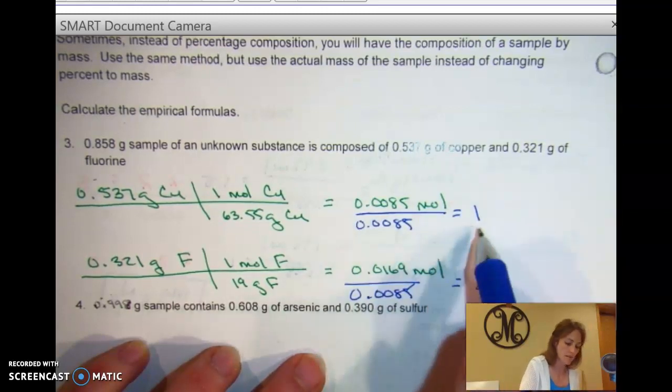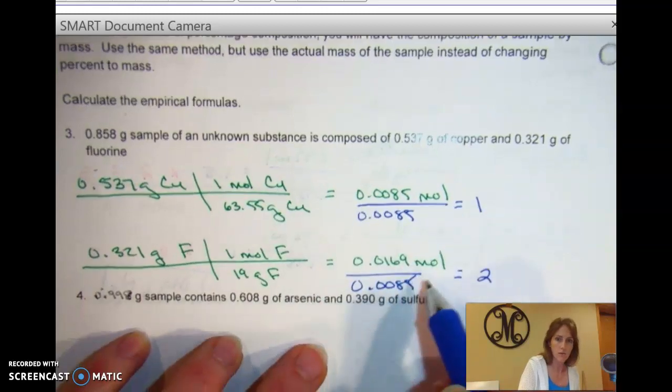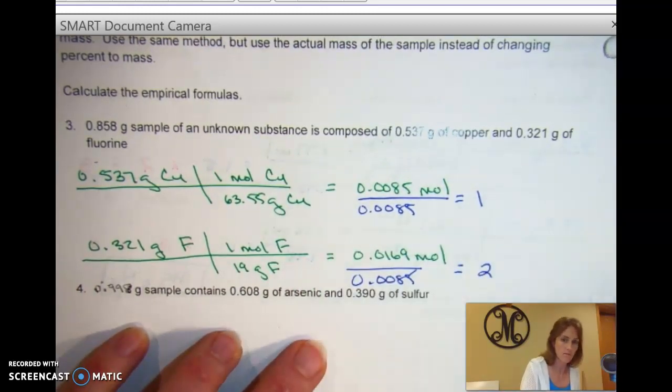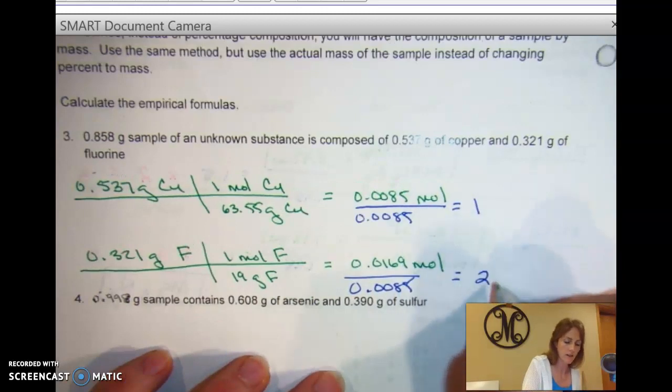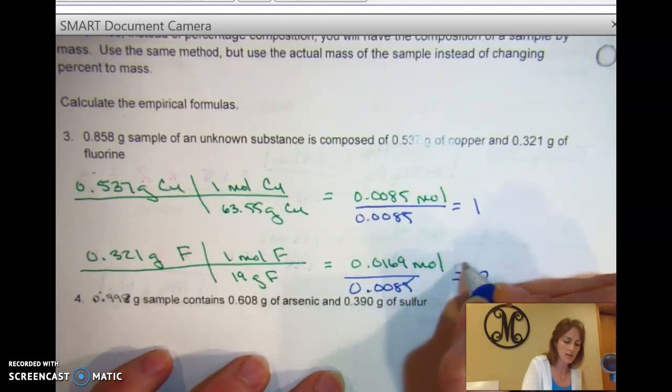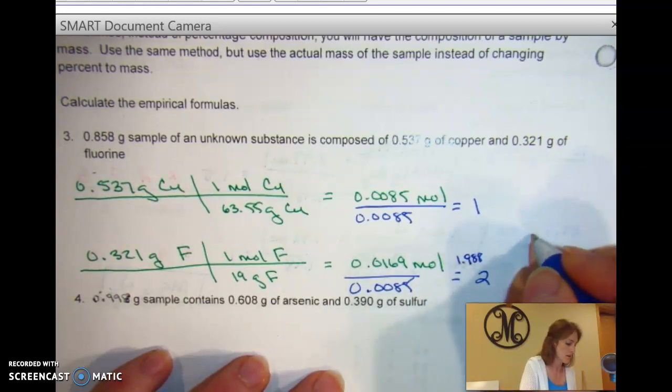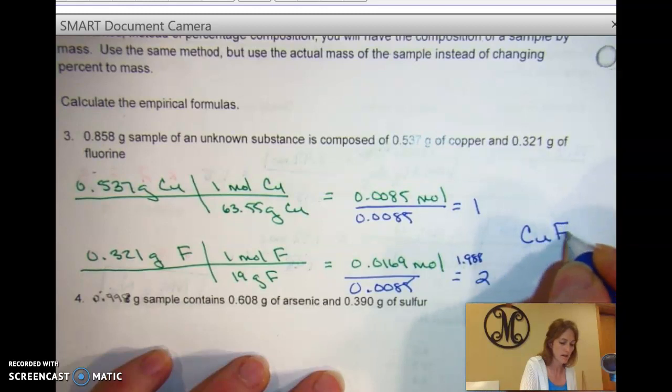So for this one, we have 1 copper for every 2 fluorines. And I just want to add this number. When you put it in your calculator, you get 1.988. That's almost 2. 1.99, we're going to round that up to 2. So the answer here is CuF2.